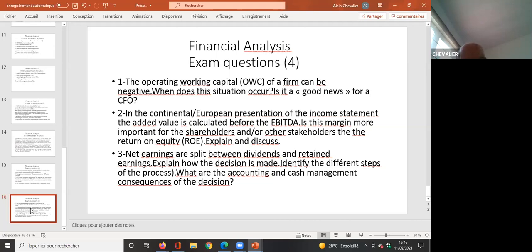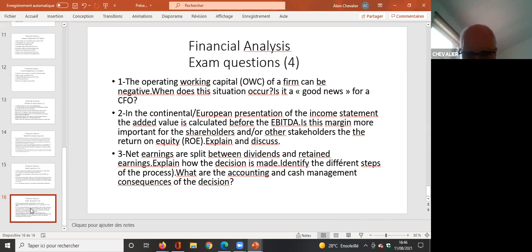Actually, to extend the credit given by a provider and to reduce the credit given to the customers. So it's always a topic which is on the table. And the dream is to obtain a kind of negative operating working capital. This is the first question, which is a simple question. You have to understand pretty well what it means.